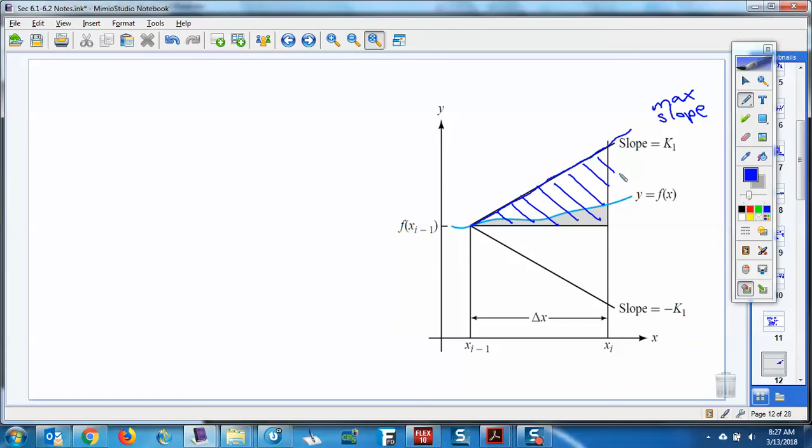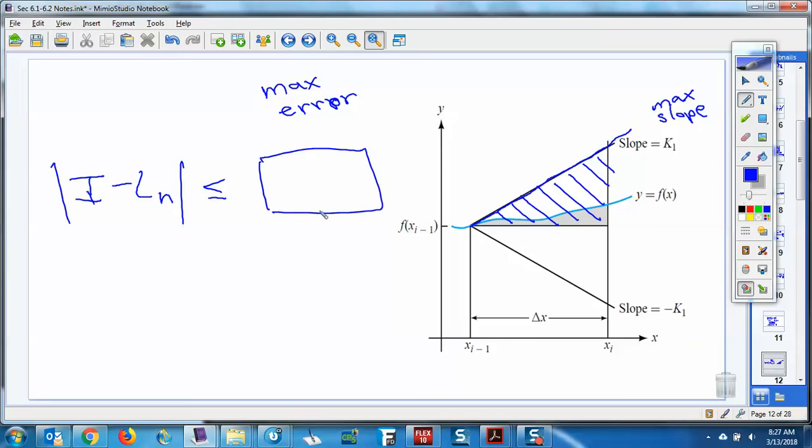Now the question is, what is that blue area right there? That's going to be our max error. How do we write that? We just said it a minute ago: the way we write max error is E with a subscript. That's what goes right here, our max error, and that's what this triangle is.